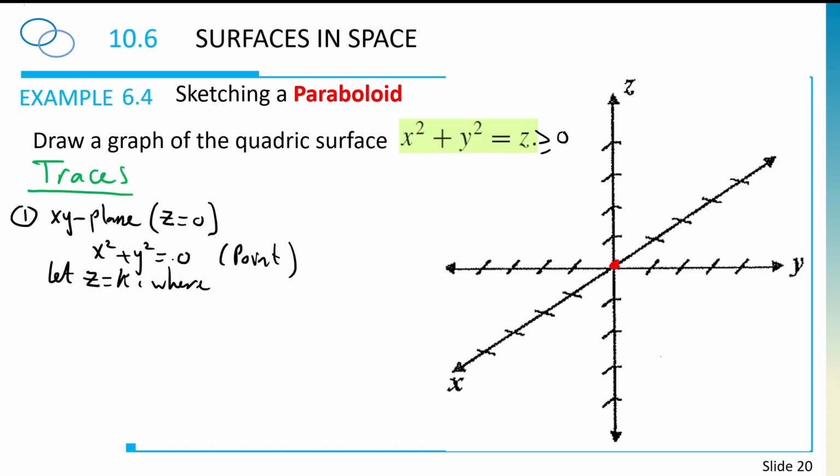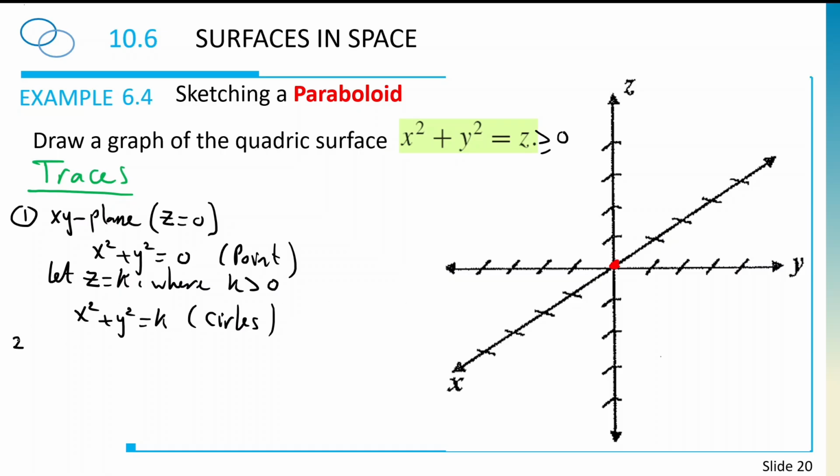We have already considered the case of 0. So now I need to take anything larger than 0. So let z be equal to k, where k is greater than 0. So the equation now should be x squared plus y squared equals k. And this is a circle. Anytime you change k, you get a new circle. So the first trace is either a point or circles.